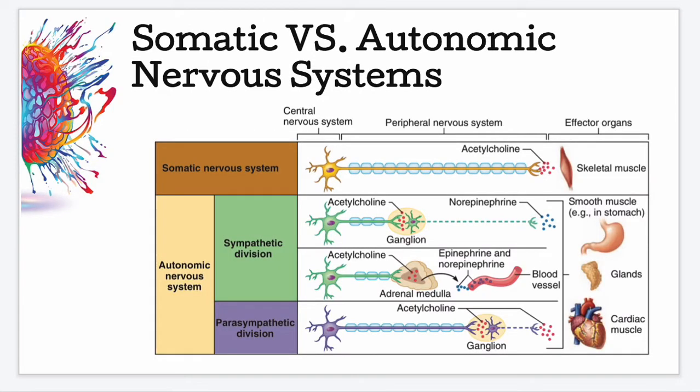So, your sympathetic and your parasympathetic division. On our previous discussion of nerves in the efferent division of the PNS, we have focused on the somatic nervous system. And the PNS, ito yung nagko-control ng ating skeletal muscles.